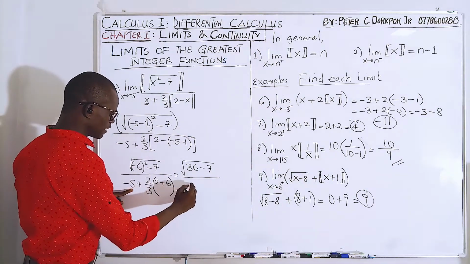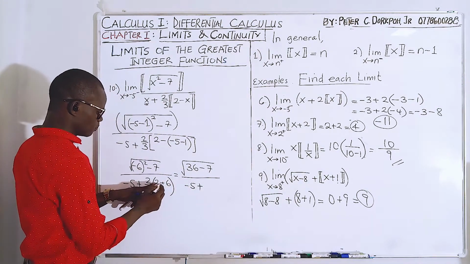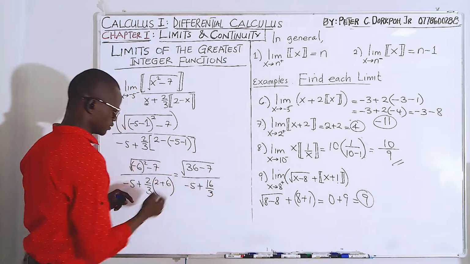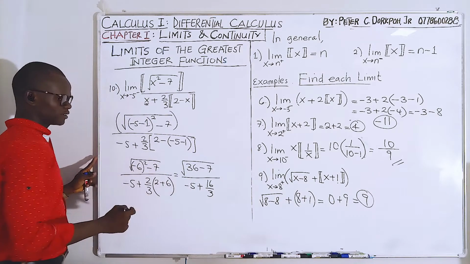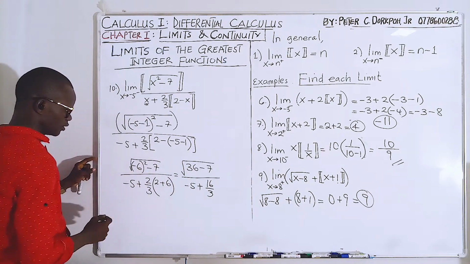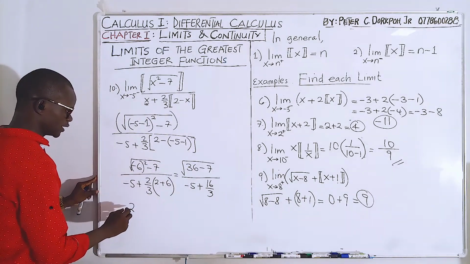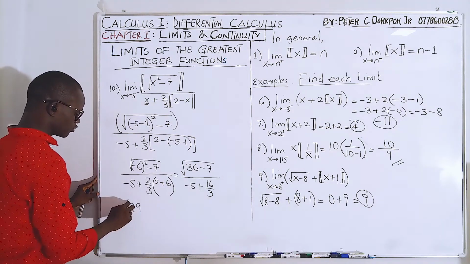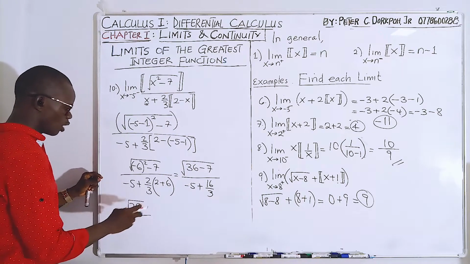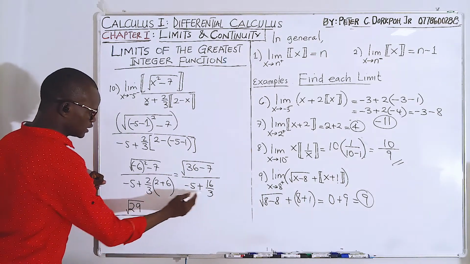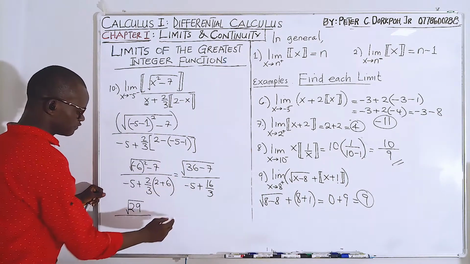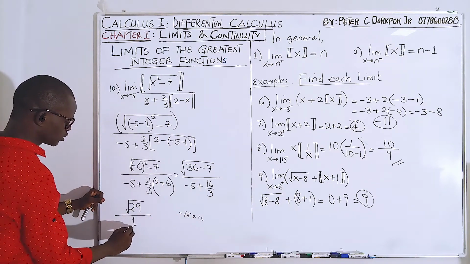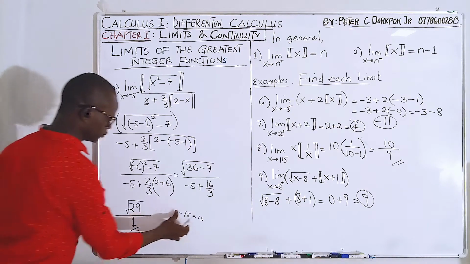Down here you have minus 5 plus 2 plus 6 is 8. 8 times 2 is 16 over 3. So 36 minus 7 will give us 29. The square root of 29 all over 3 times 5 is 15, negative 15 plus 16, which equals positive 1 over 3.